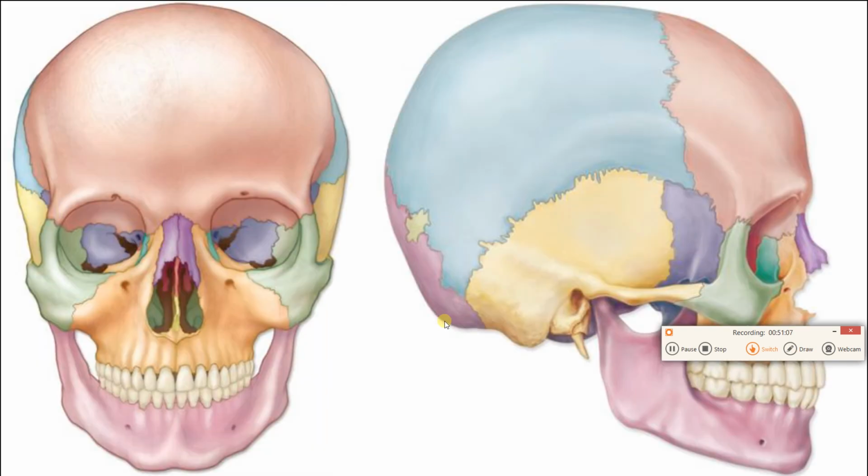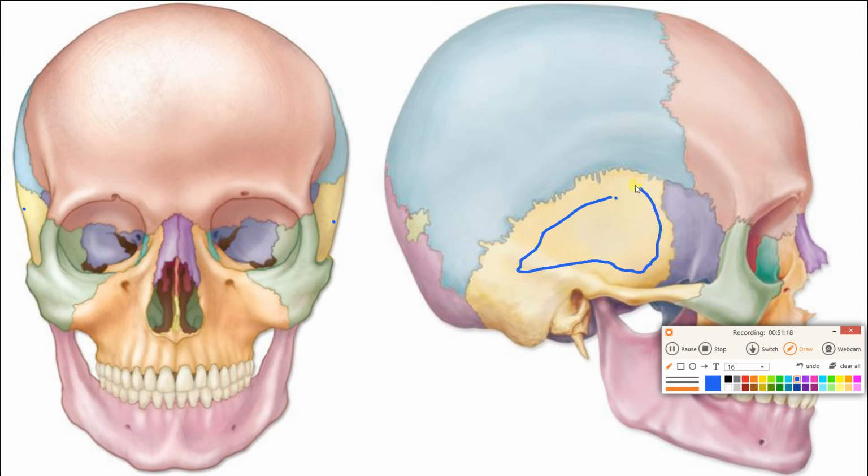If we look at the temporal bone from the front, I see a little bit of the squamous part here and here. All right, what is this suture right here? Shout it out. Squamous. What is this hole right here? It's the ear hole on the outside, right? So, external acoustic meatus.